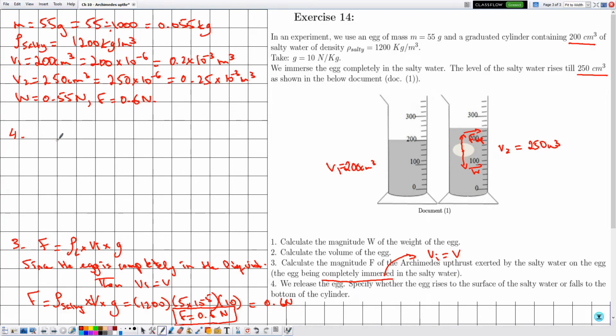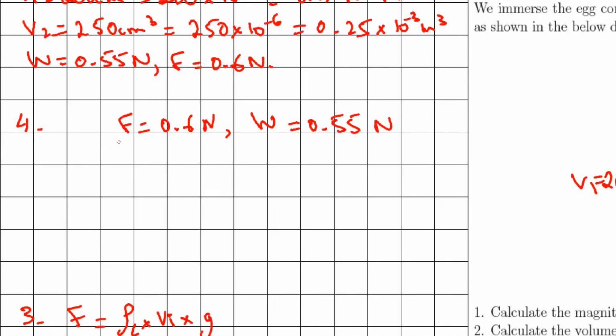So first let's justify using comparison that the value of F is 0.6 newtons, whereas the value of W is 0.55 newtons. And by comparison it means we need to mention whether F is greater, larger or smaller.